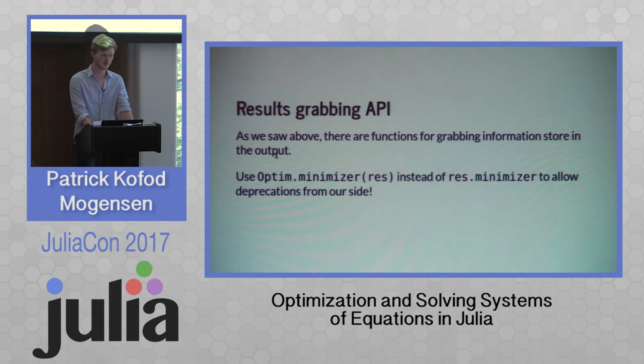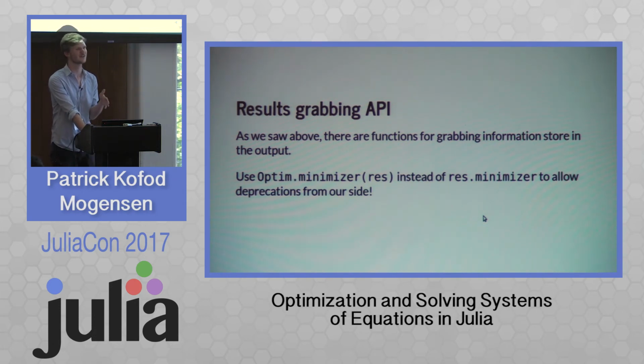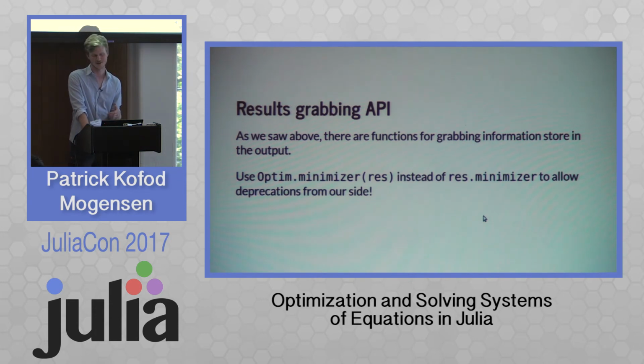So for example, Optim.minimizer of your results will return the array that is the potential minimizer. But you can also access it by writing res.minimizer, but I would ask that you do not do that. A lot of packages do this, and this means that when we change something in the package, it's impossible to deprecate it. So that's why we have this function API instead.